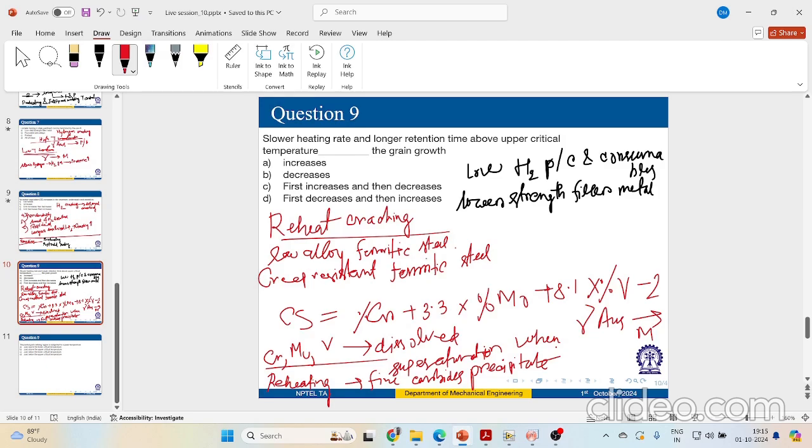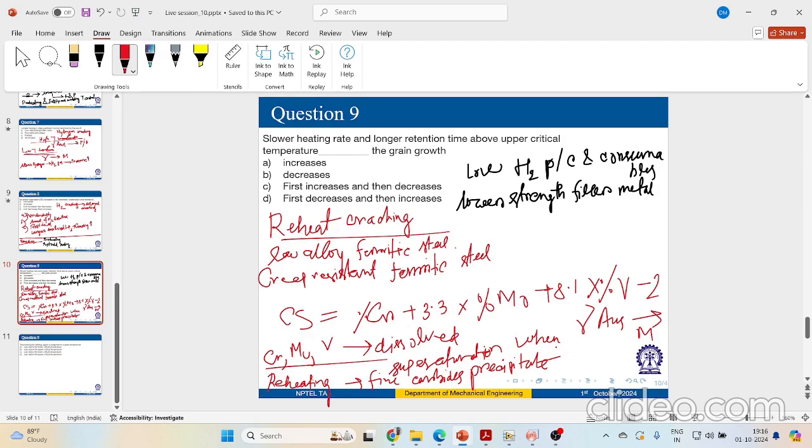Now, since the grain interiors are strengthened more than the grain boundaries, and since this occurs before stresses are relieved, cracks may occur along the grain boundaries. That is called reheat cracking. Okay.